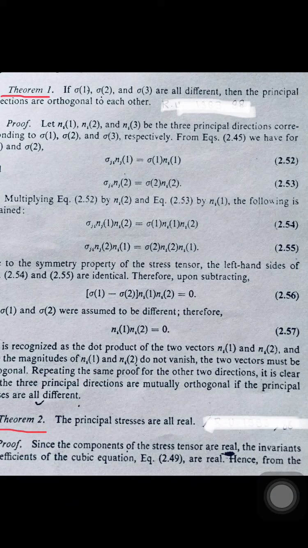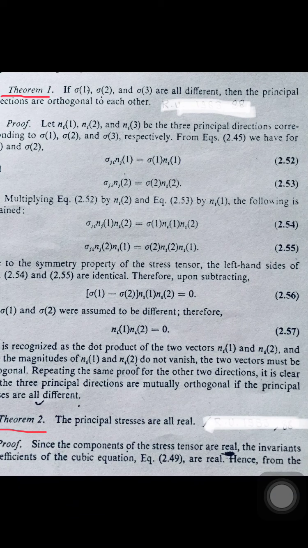What we are doing for that: we know that three principal directions, ni1, ni2 and ni3, are the three principal directions corresponding to sigma 1, the first principal stress, sigma 2, the second principal stress, and sigma 3, the third principal stress.